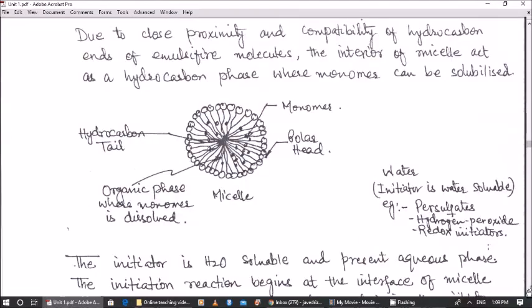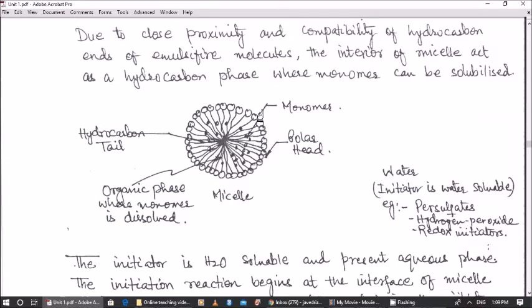Due to close proximity and compatibility of the hydrocarbon ends of the emulsifier molecules, the interior of the micelle acts as a hydrocarbon phase where monomer can be solubilized. So this is a typical formation of a micelle.